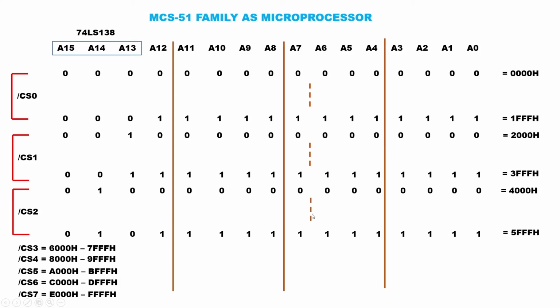Similarly, chip select 2 will be selected between 400H to 5FFH, and the address range for chip select 3 is from 6000H to 7FFH, for chip select 4 8000H to 9FFH, for chip select 5 A000H to BFFFH, for chip select 6 C000H to DFFFH, and for chip select 7 E000H to FFFFH.